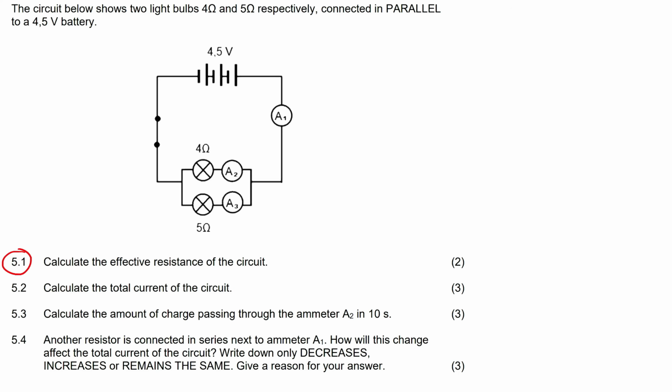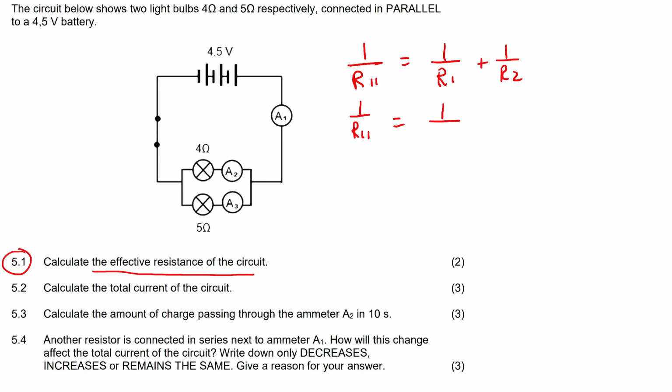Now the first question says, calculate the effective resistance of the circuit. So here's where you would go find all of the resistances, and you would put all of the parallel ones together, and then you would add that all up together with the series ones. But we don't have any resistors in series, so we only have these two which are in parallel. Now remember, when you are in parallel, you add it like this: 1 over R parallel is going to be 1 over 4 plus 1 over 5.